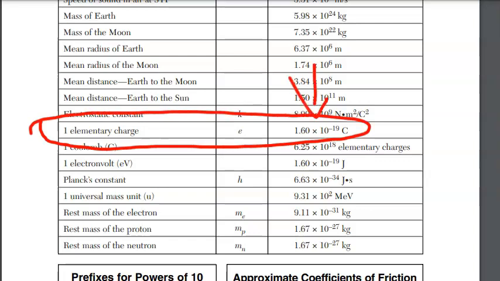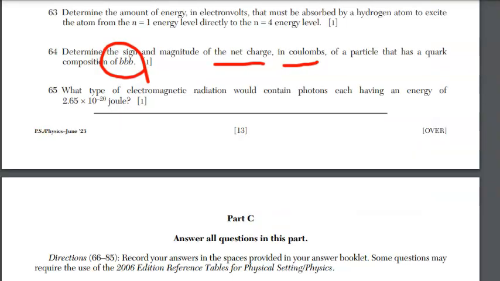Since it's a negative 1e, we would put it as a negative 1.60 times 10 to the minus 19 C. Remember, it's a negative 1.60 times 10 to the minus 19 C. If you forget the minus sign on this question, you're not going to get the point. I just double checked the answer key, so it's very important. They said net charge. Make sure that you have that negative sign as well.